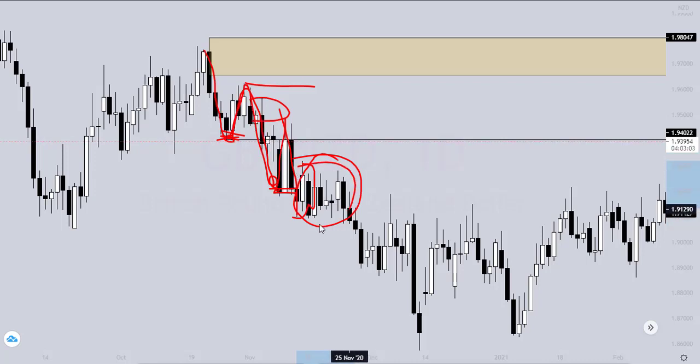But if you zoom in here, you are going to find another beautiful range to trade. Then price goes all the way down, breaking the structure again, with complex pullbacks right here into our level of interest.